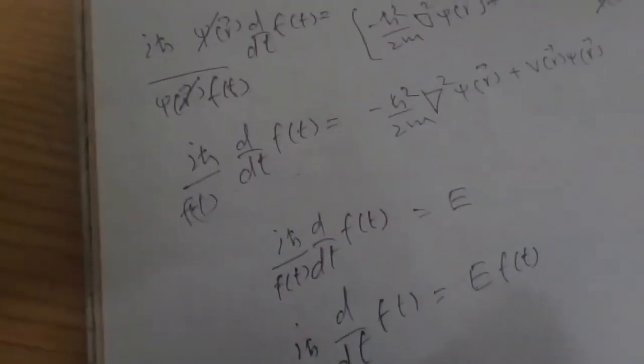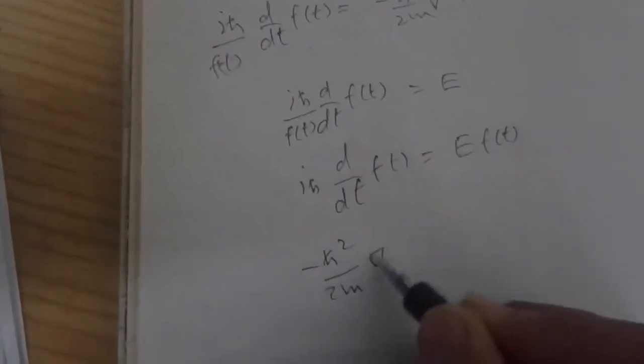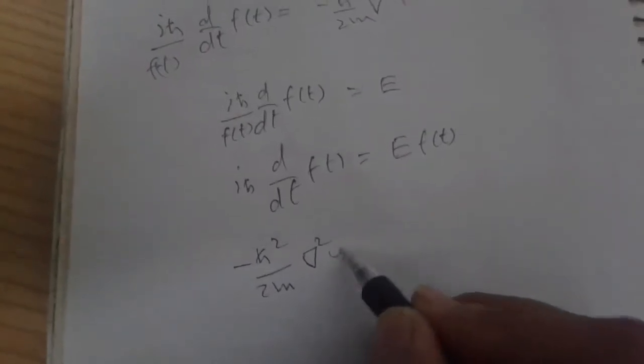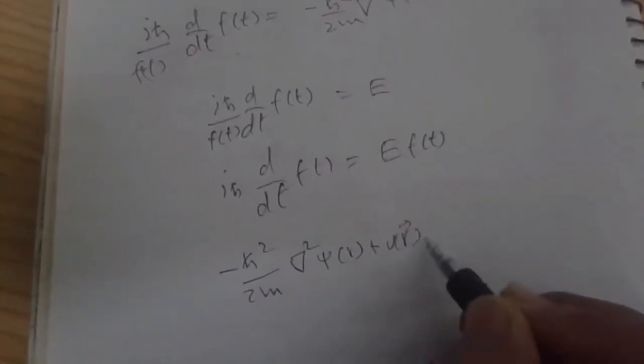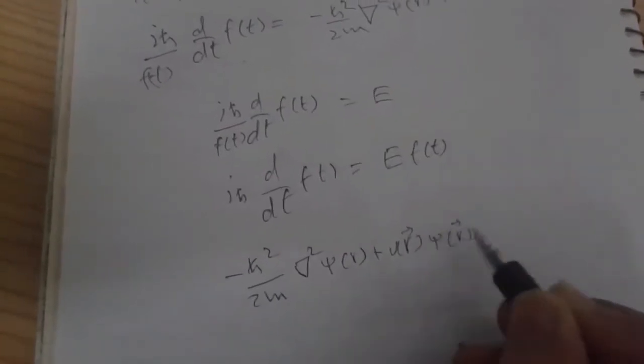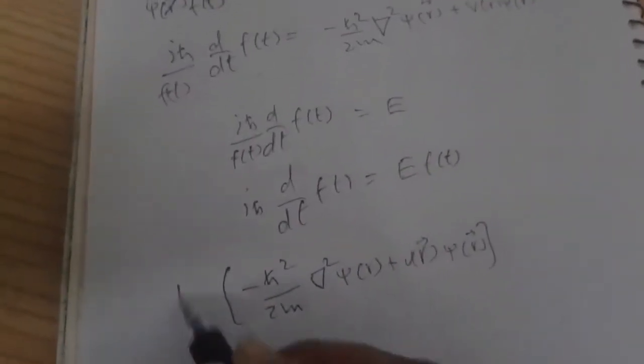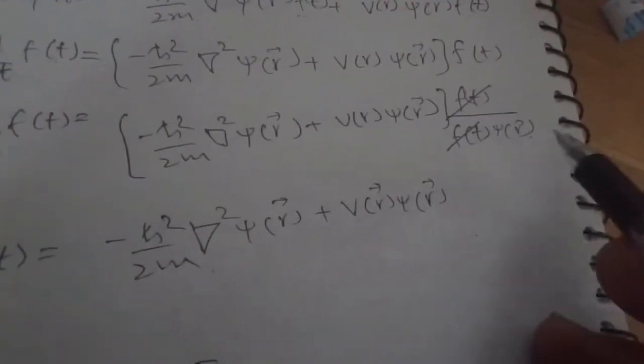And the right side of the equation is minus h cut square over 2m del square psi of r plus v of r psi of r, 1 over psi of r. We remember that here psi of r will be as it is because this is not cancelled out with anything else.